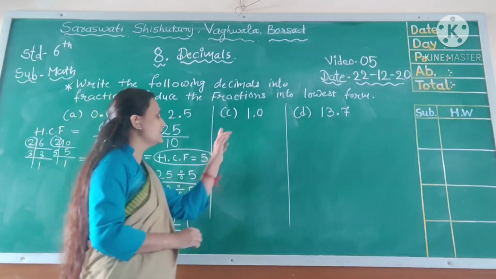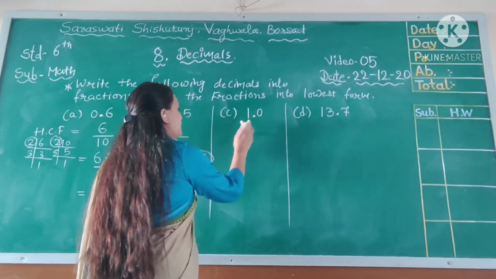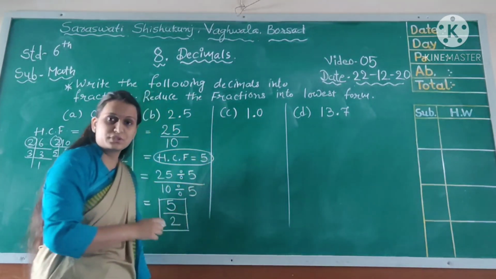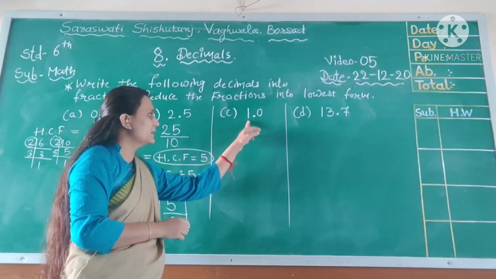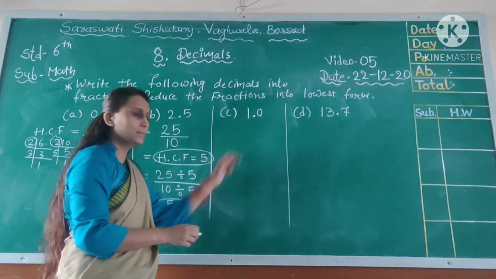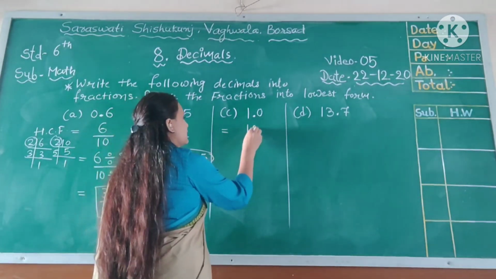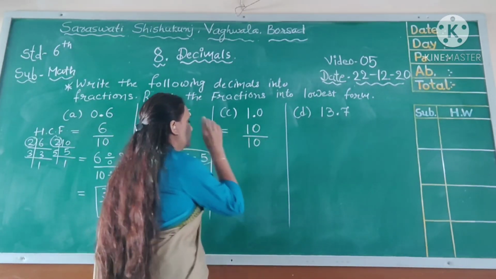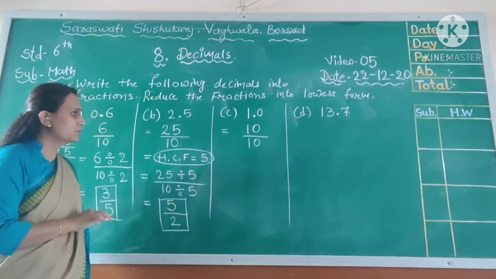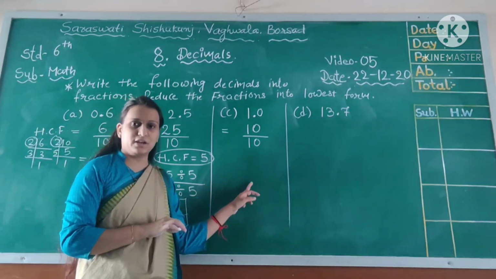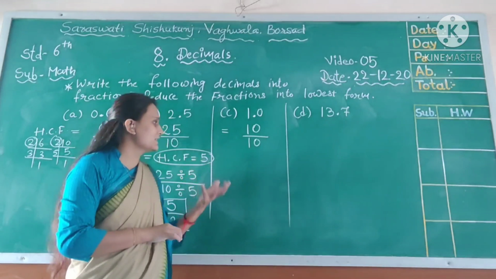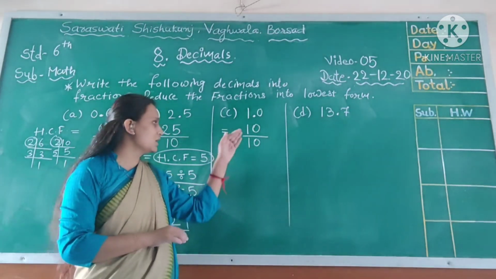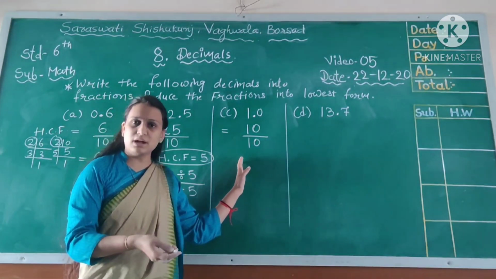Now let us move on to the C number. In the C number we have given 1.0. So 1 is at the ones place and 0 is at the tenths place. So we can write the number as 10 upon 10. Now we have to find the reduced form of the fraction. If you are going to find the HCF, the HCF is 10 because numerator and denominator both are 10.